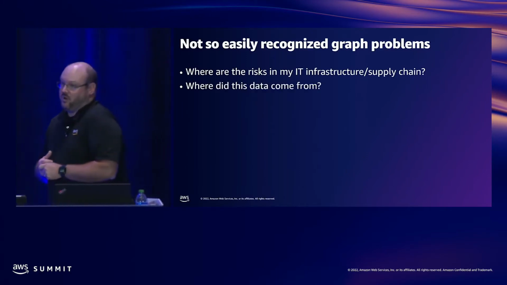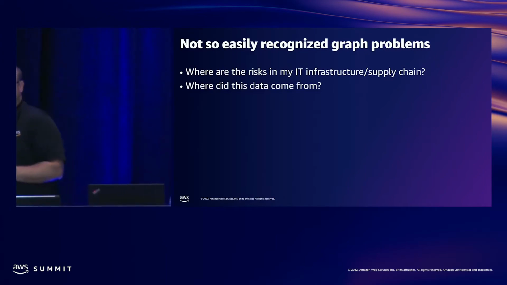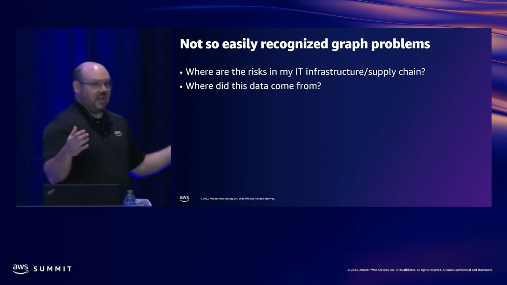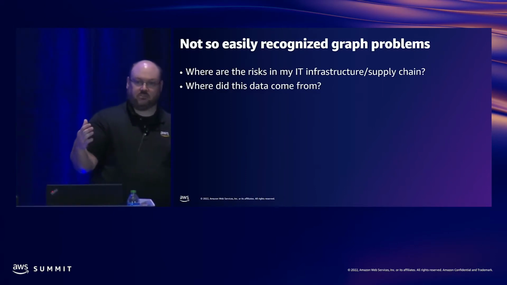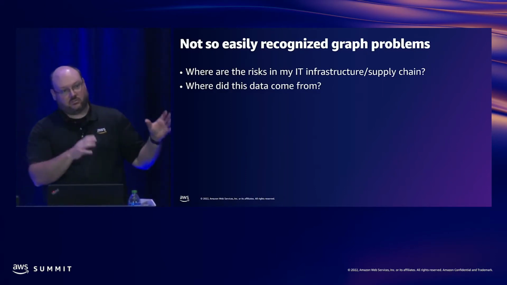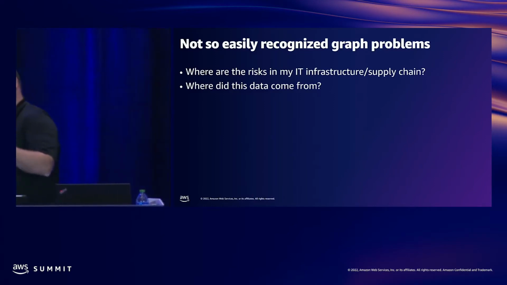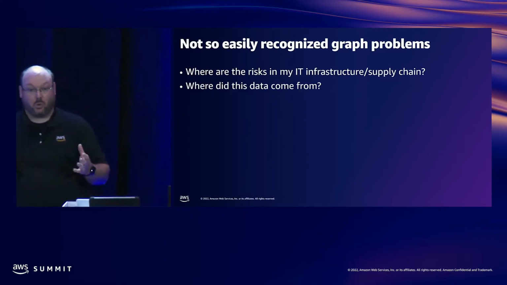Where does data come from? Data lineage. We're starting to see, similar to MDM, but in this case, I have 100 data sources that my business uses. Those data sources may get manipulated into additional internal data sources. Those internal data sources may get manipulated into reports.